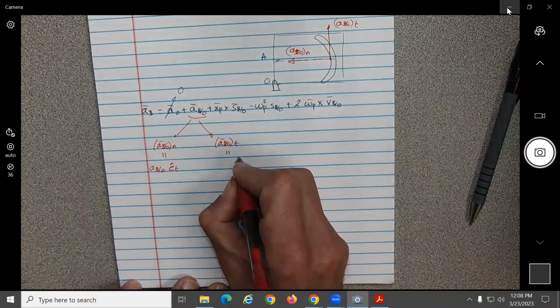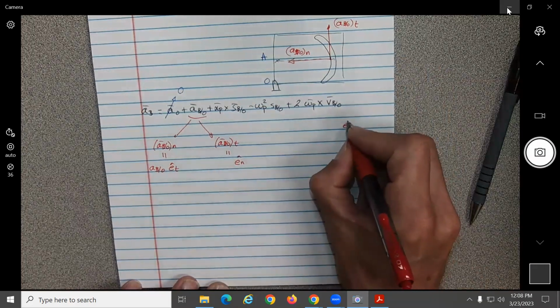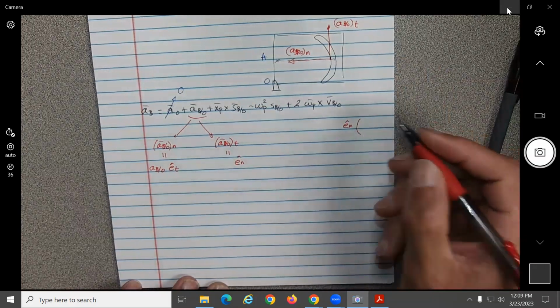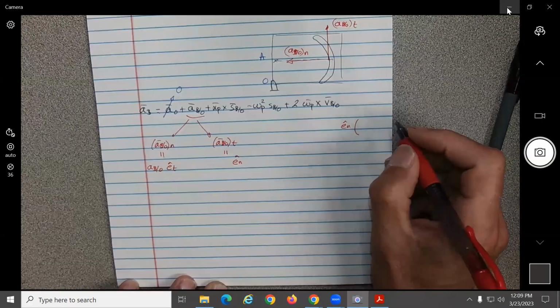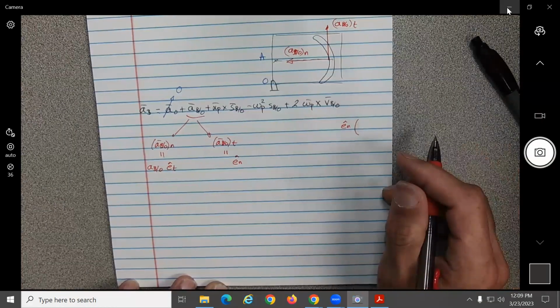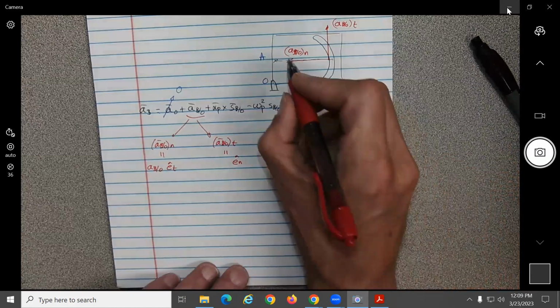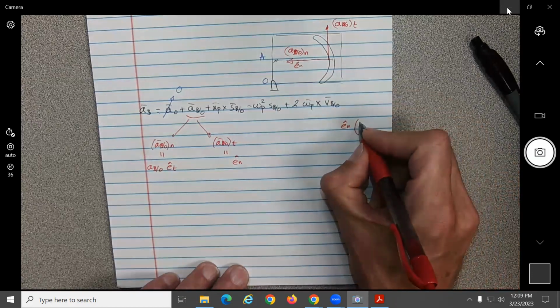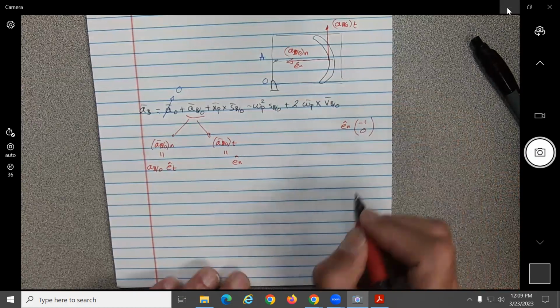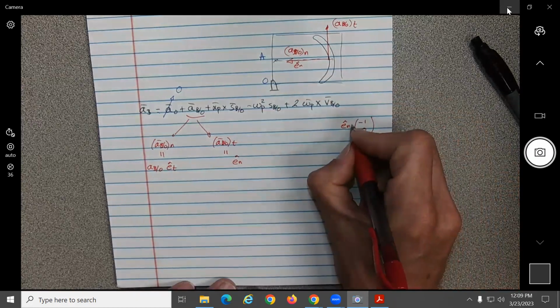Let's call this one E normal. What do you want to put for E normal? What is the direction? Oh, negative 1, 0. You want to put negative 1, 0? Okay, negative 1, 0. Now, what would be the magnitude?